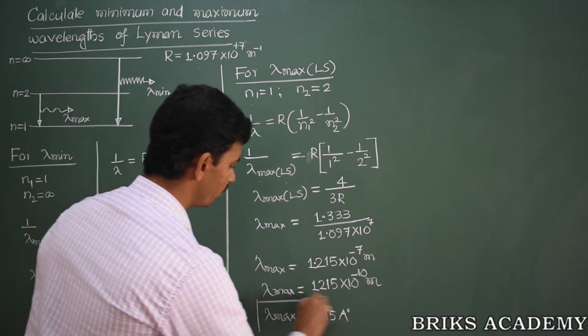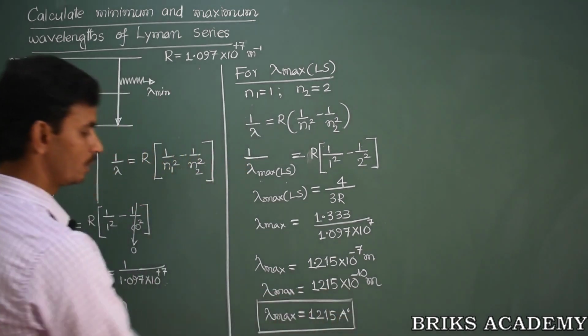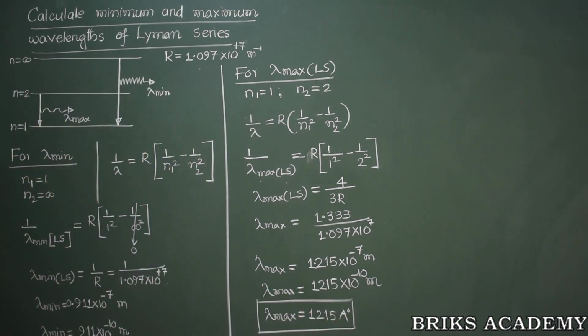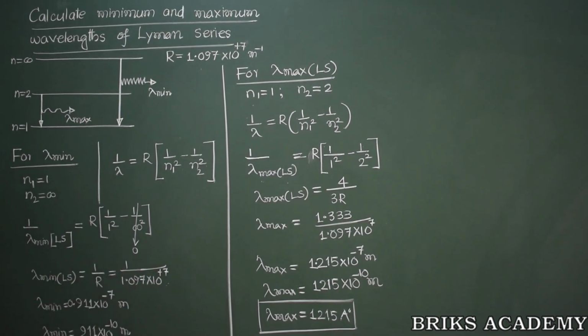So the maximum wavelength of Lyman series is 1215 angstrom and the minimum wavelength is 911 angstrom. We can write the conclusion also, otherwise even if we leave it here, we will get full marks for it.